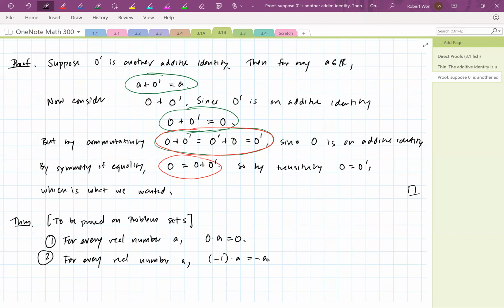The second one says, take the additive inverse of 1, multiply it by a, and you'll get the additive inverse of a. So if you take the additive inverse of the multiplicative identity and you multiply it by a, you get the additive inverse of a. If you state it like that, it's not obvious why it's true, right?